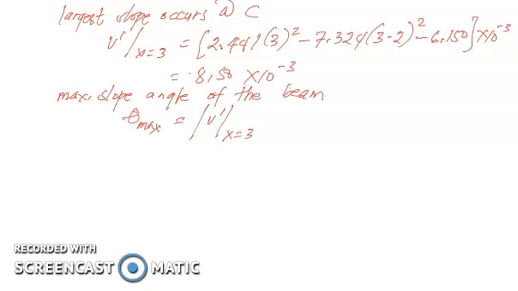So if we substitute x equal to 3 to our V prime, the value is 8.50 times 10 to the negative 3 radians. Converting radians to degrees, that is 0.487 degrees in a counterclockwise direction.